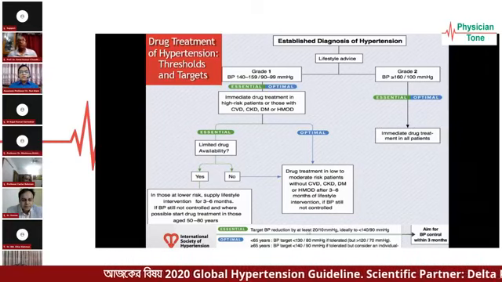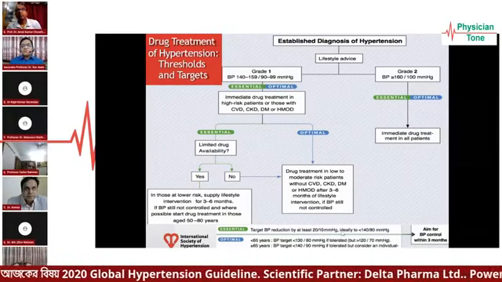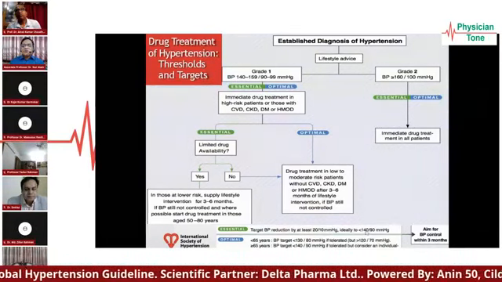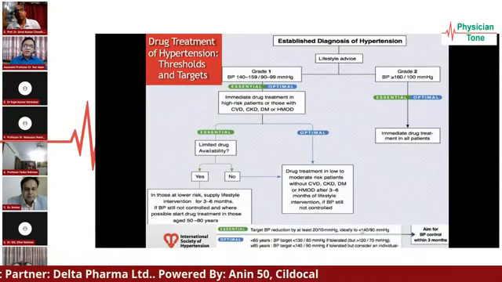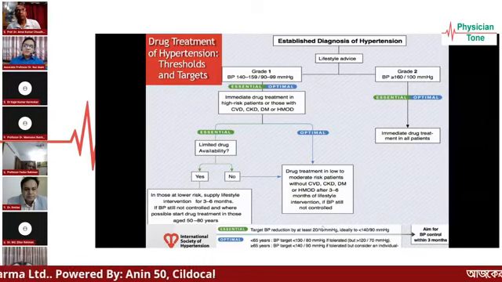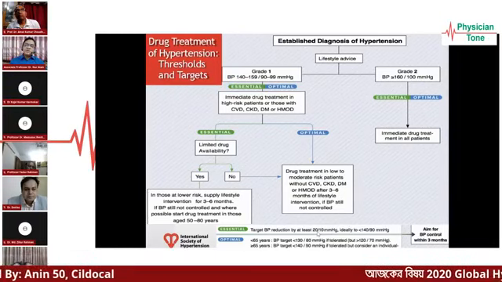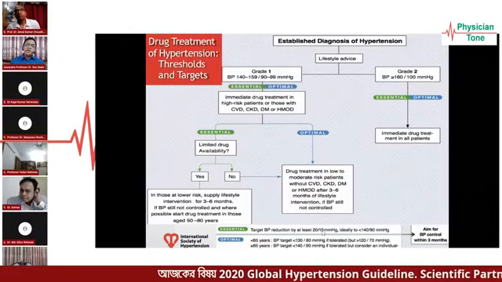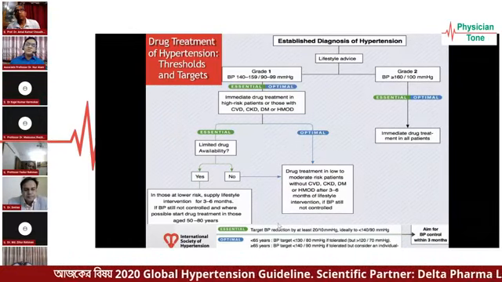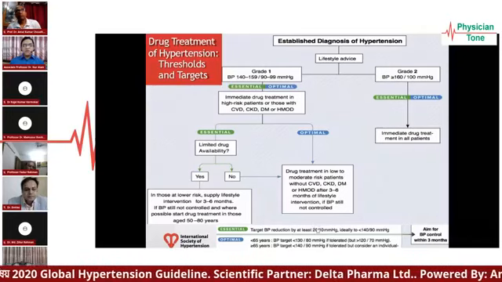First of all, they optimally targeted that blood pressure should be reduced below 140 and 90 millimeter mercury. But they pointed out that in spite of this, if blood pressure is reduced by 20 millimeter systolic and 10 millimeter diastolic, that will be essential, or that will be the primary goal of this 2020 guideline.